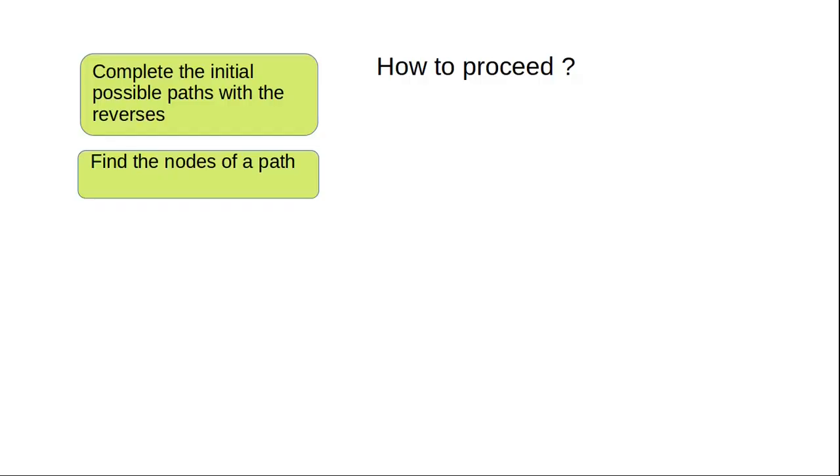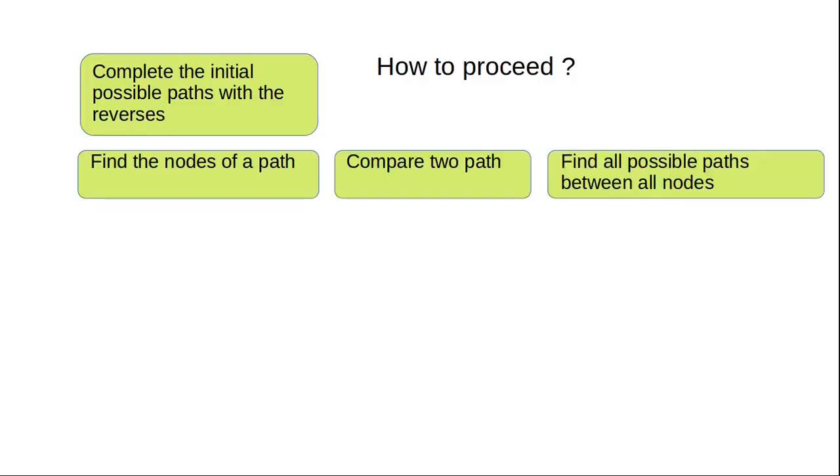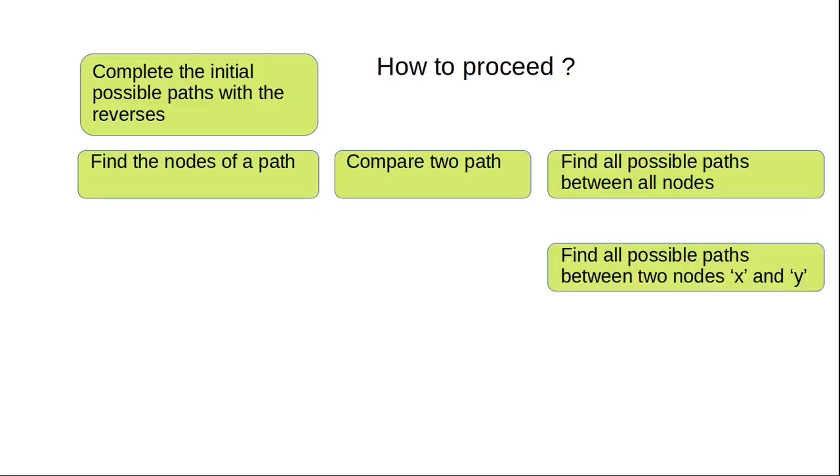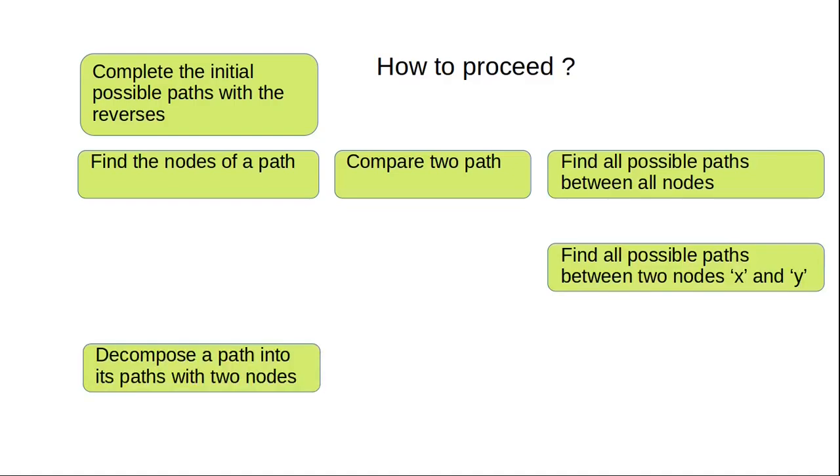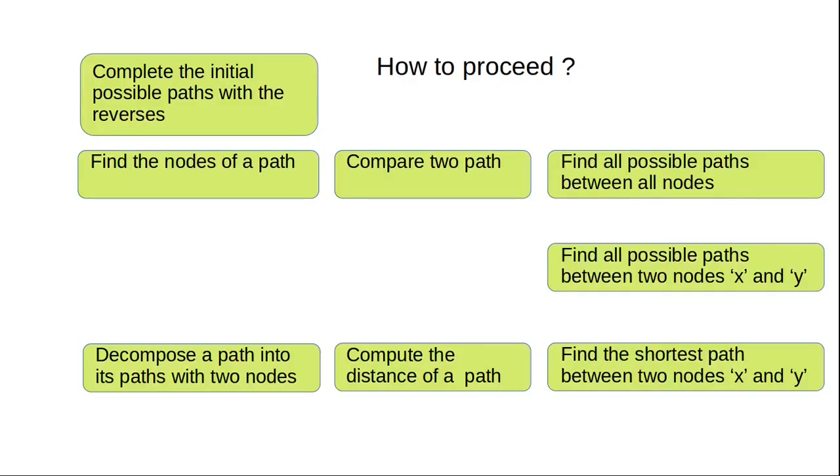Then find the nodes of a path, compare two paths, find all possible paths between all nodes, find all possible paths between two nodes x and y, decompose a path into its paths with two nodes, compute the distance of a path, and finally find the shortest path between two nodes x and y. So totally we will create 8 functions.